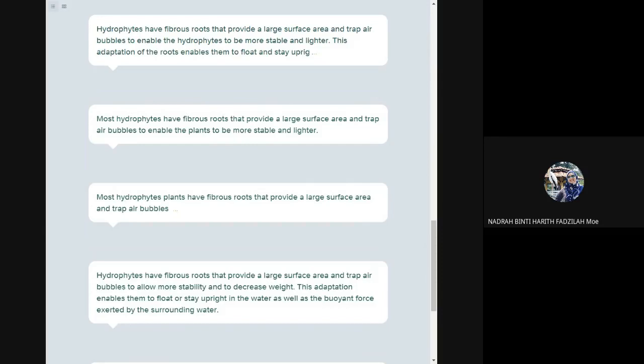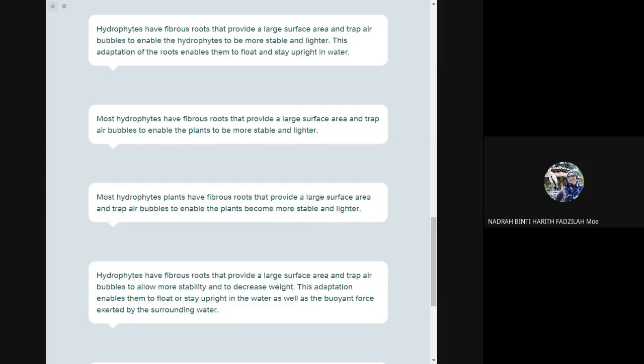Kita cakap pasal daun dia tadi very small, very thin, to prevent water resistance so that it won't tear up. The leaves are very thin and small to decrease water resistance so it won't tear up and reduces the surface for gaseous exchange.